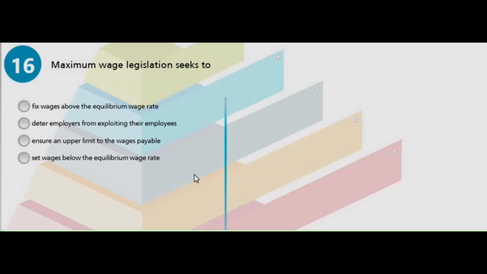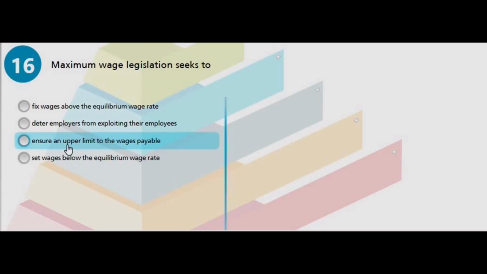Maximum wage legislation seeks to A, fix wages above the equilibrium wage rate, B, deter employers from exploiting their employees, C, ensure an upper limit to the wages payable, D, set wages below the equilibrium wage rate.